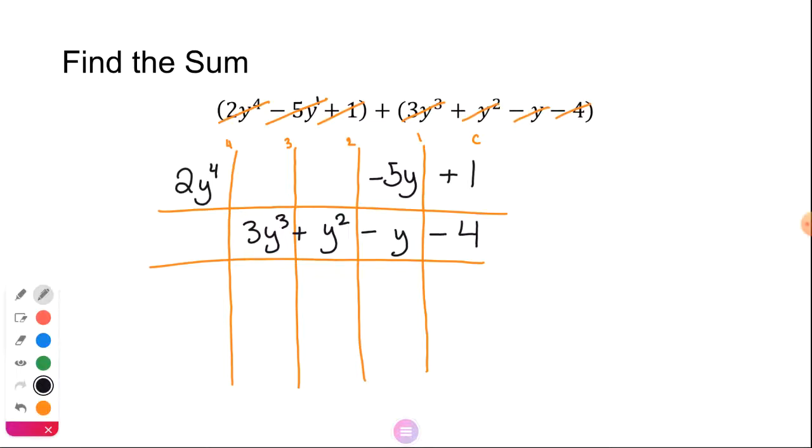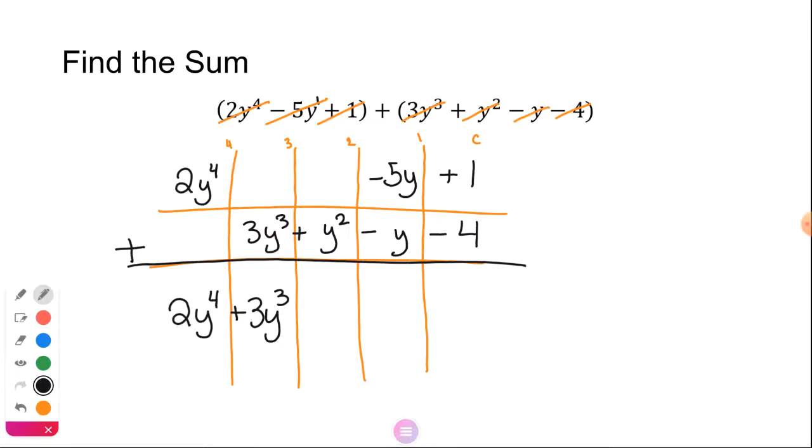Then your final answer is what happens when we take all of these and add them together. I have my 2y to the fourth, it's not being added with anything, so we just get 2y to the fourth. Then we have nothing on the top, plus 3y cubed, so we just get plus 3y cubed.